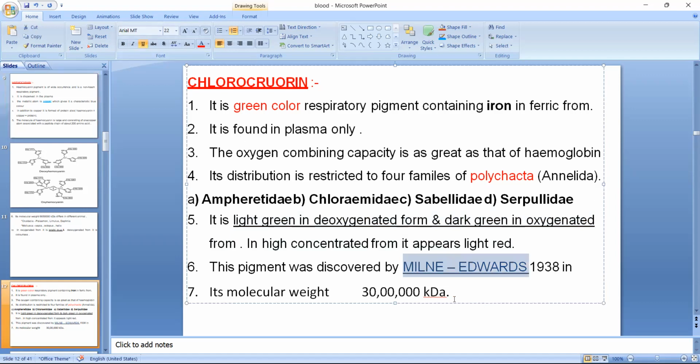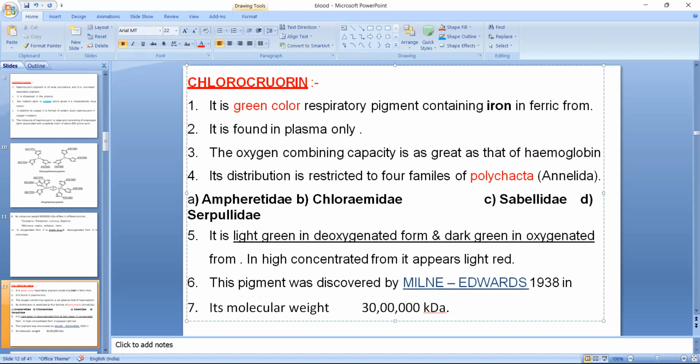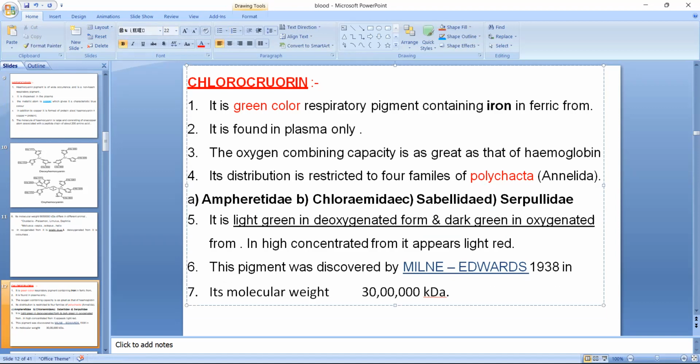Nobody will ask the molecular weight, it is not that important. Chlorocruorin is present in the polychaetes, particularly 4 families. Out of these 4, Sabellidae and Serpulidae are commonly given as options. Sabella and Serpula are the famous examples, and Chlorhaemidae and Ampharetidae are the other families.